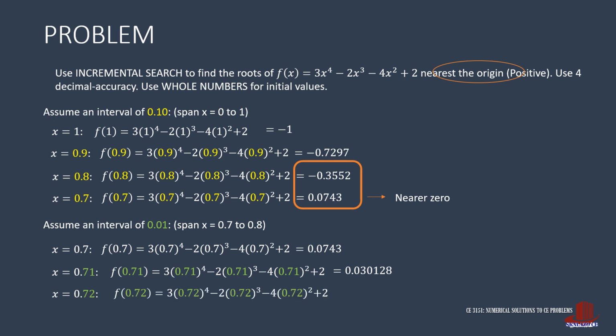The function then becomes thrice of 0.72 raised to 4 less twice of 0.72 cubed minus 4 of 0.72 squared plus 2, which results to negative 0.013880. There is then the jump from positive to negative. The span is from 0.71 to 0.72. And we are to use the next limit with x as 0.72, as the accuracy isn't achieved yet.